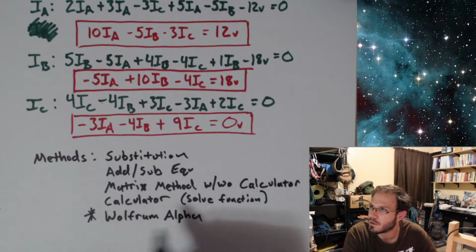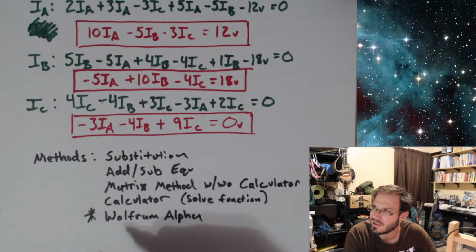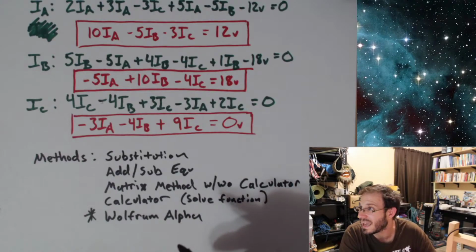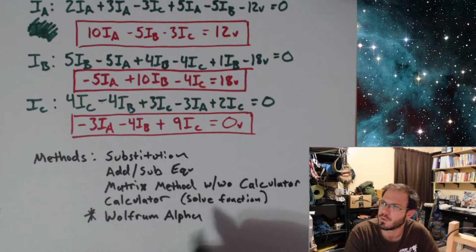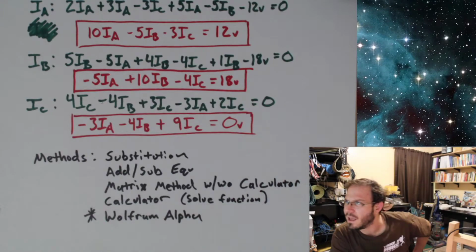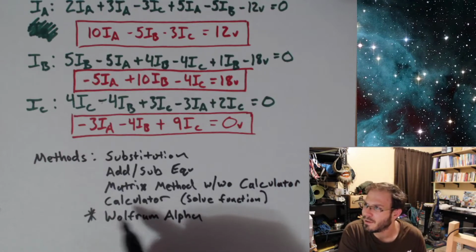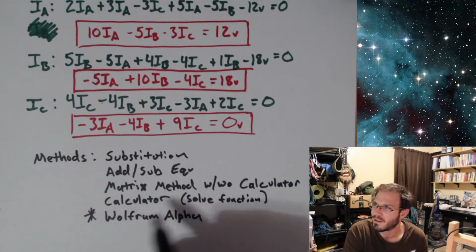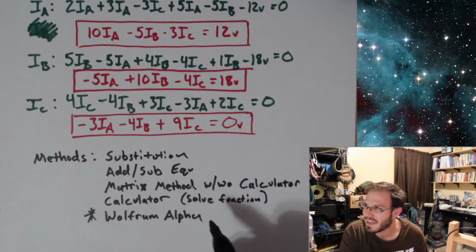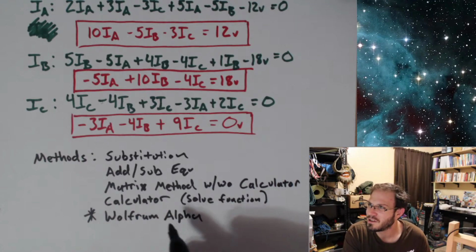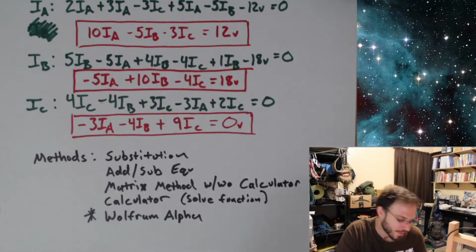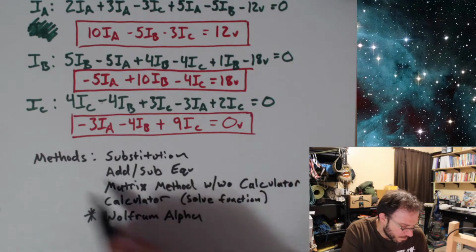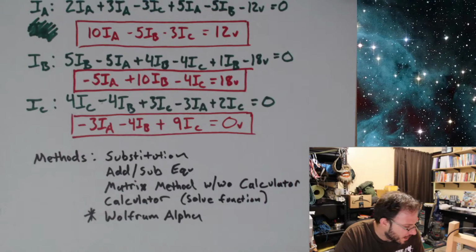So that tends to be useful for me because not only do I get the answer, but I can also go back and see how it got the answer. And I tend to get a little better at math doing it that way. I don't want to strongly advocate or anything, but I do appreciate that Wolfram Alpha acts a little bit like a math tutor for me. So these are all of our methods.